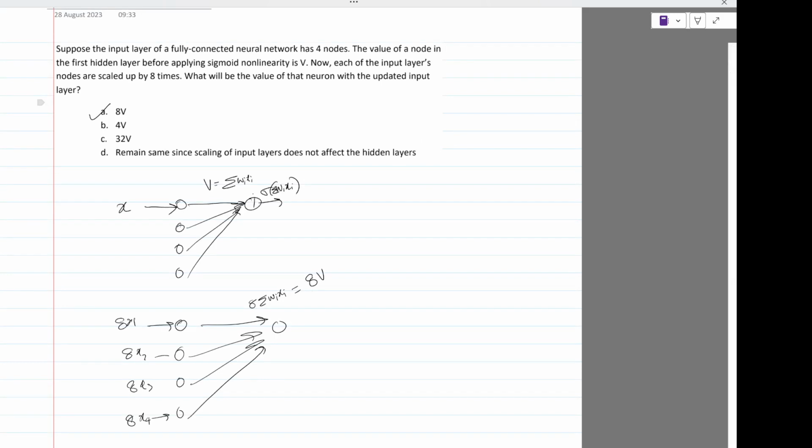Any linear scaling would result in this only. If I multiplied it by k, then I would get k times v.